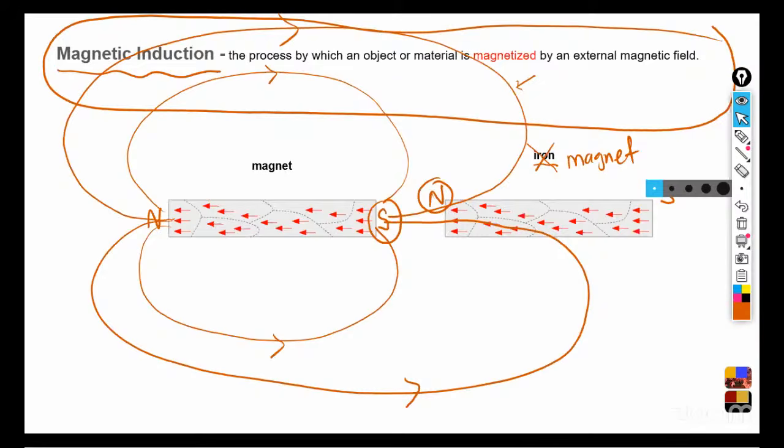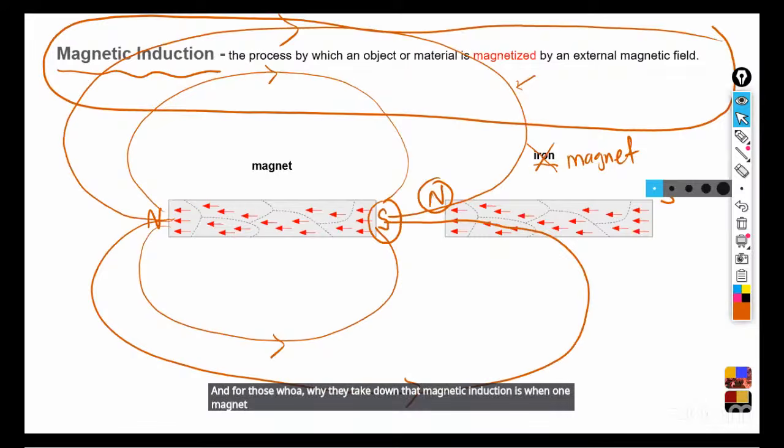So once again, magnetic induction is when one magnet influences another one to become a magnet.